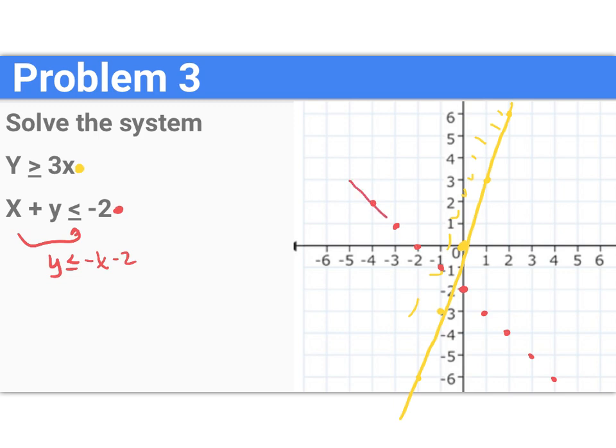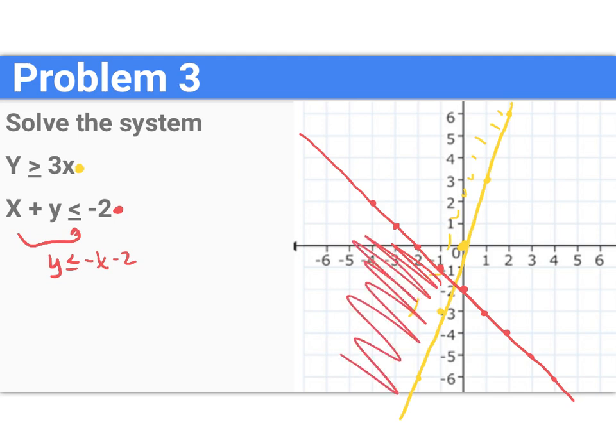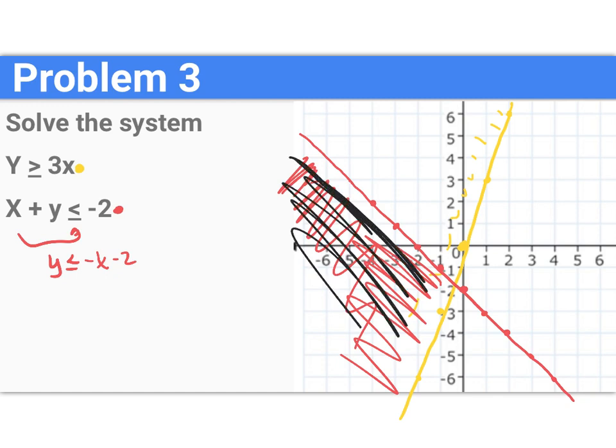It's a solid line because the inequality is underlined, and less than means going down. So above the yellow line and below the red line, this whole section in here, every point in that section works, and that is how you solve linear inequalities.